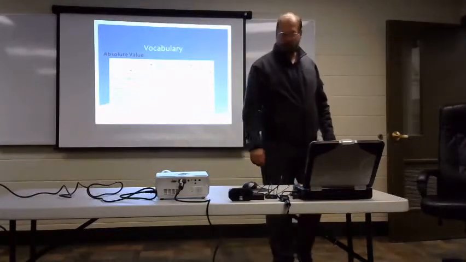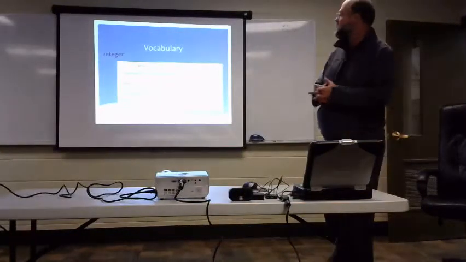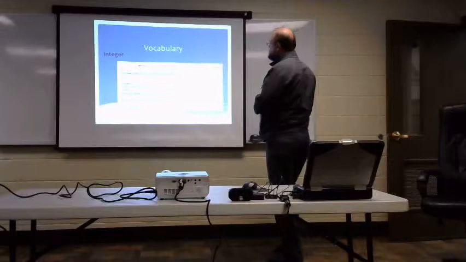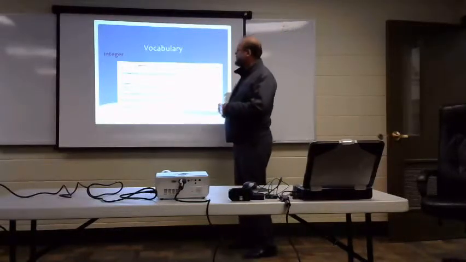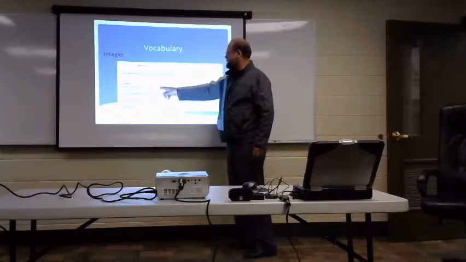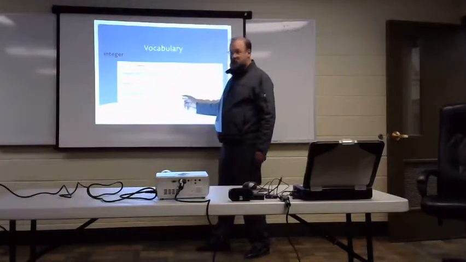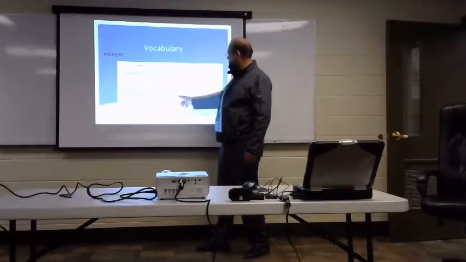Next vocabulary word. Integer. An integer is a number with no fractional parts, no decimals. It includes the counting numbers 1, 2, 3, and so on. It includes 0, and it includes the negatives of the counting numbers: negative 1, negative 2, negative 3.